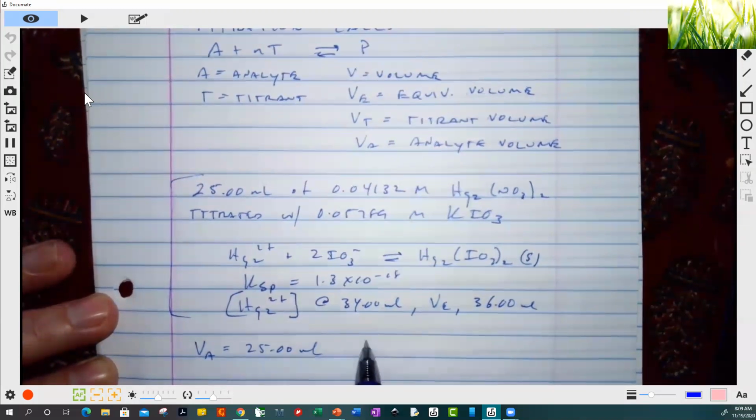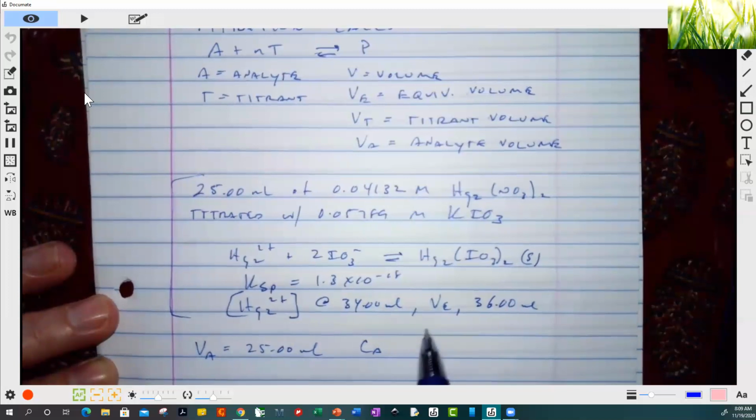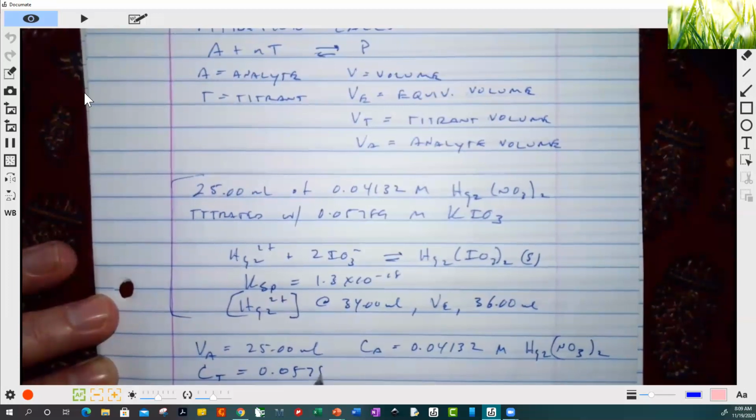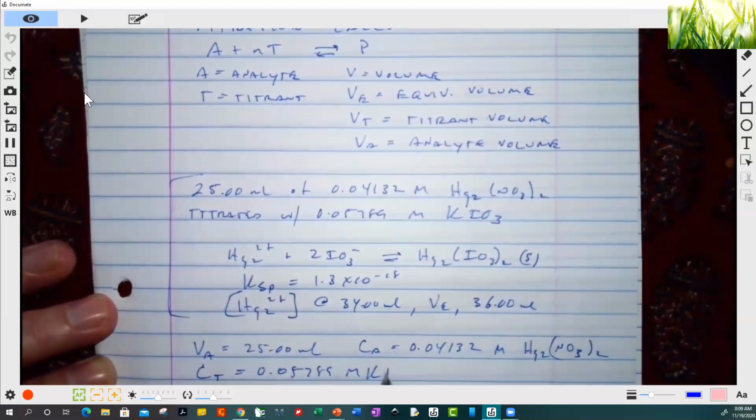CA, which is odd that we know this right now, is 0.04132 molar Hg2(NO3)2. CT, the concentration of the titrant, is 0.05789 molar KIO3.